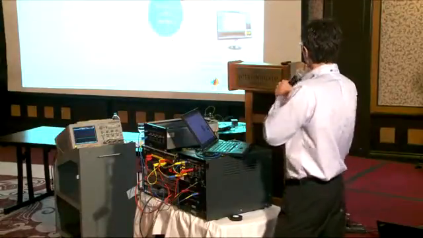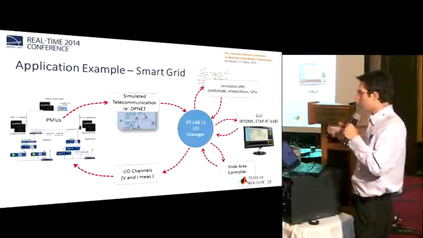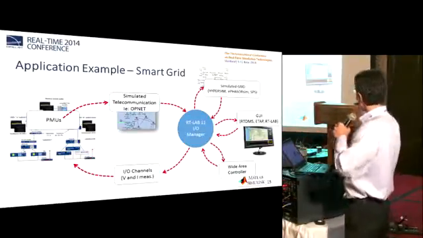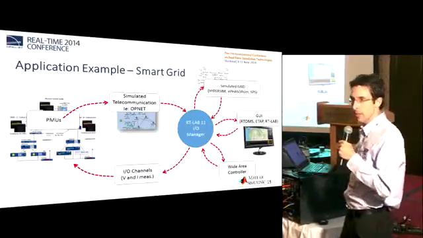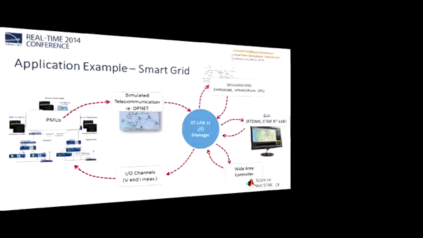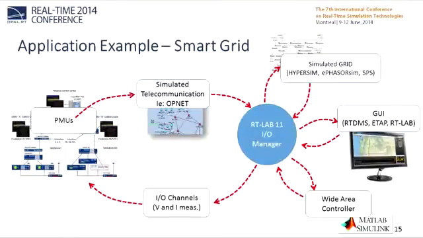Then we say, okay, now we want to control the grid. So let's take a Simulink model, compile the model, load the model on the real-time simulator, and attach the controller to the grid so that we can now start prototyping a wide area control. And then what's next? Let's say that we want to connect PMUs or protection devices or relays.